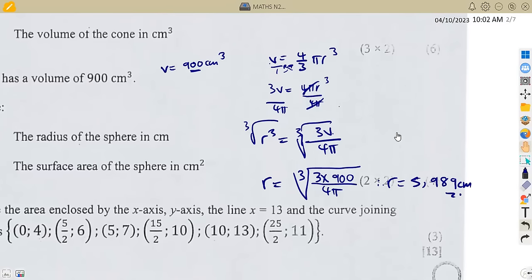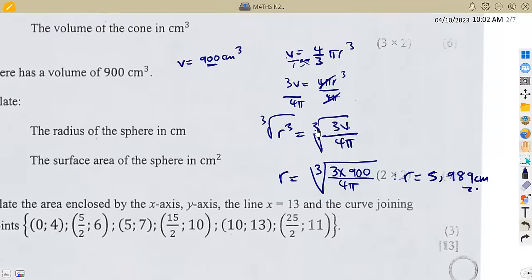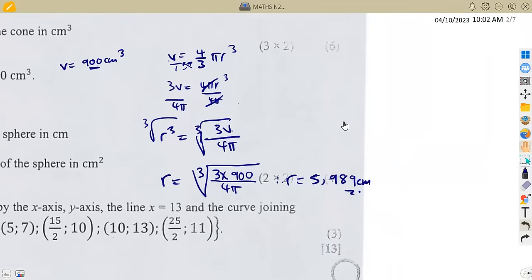Then the total surface area of the sphere in square centimeters. Remember that the surface area of a sphere is given by 4 pi r squared, so that is what you're going to apply in this case. So for 4.2, the surface area of a sphere is 4 pi r squared.